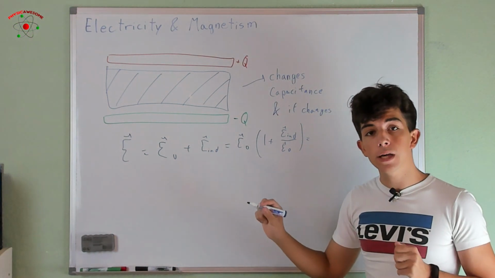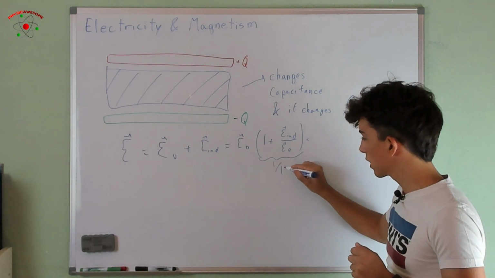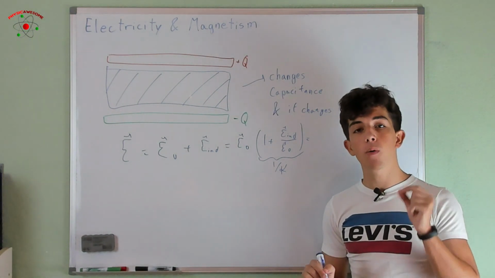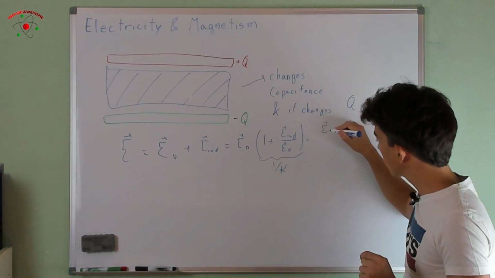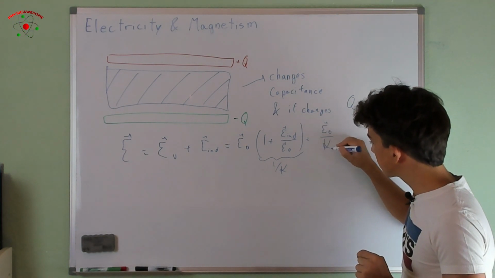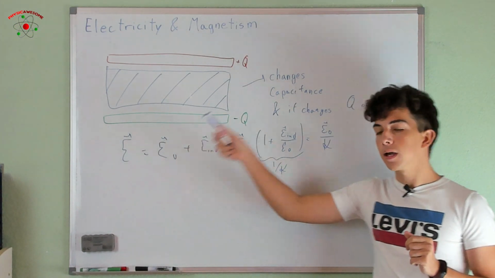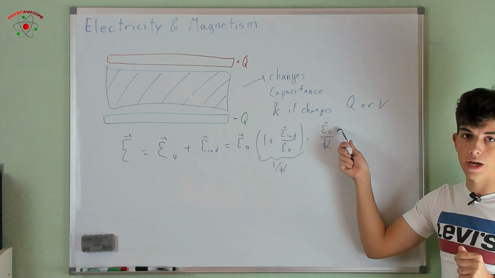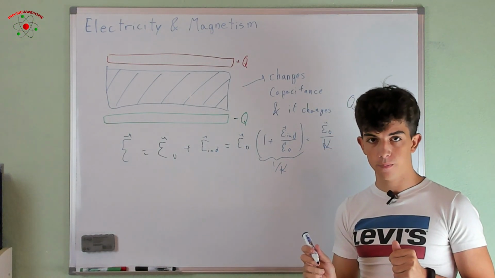And this is actually going to be 1 over a constant, kappa, which is our dielectric constant, in such a way that it relates these two quantities, the electric field and the electric field without an insulator. And what we see is that it has a weakening effect.